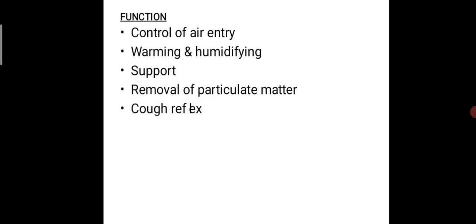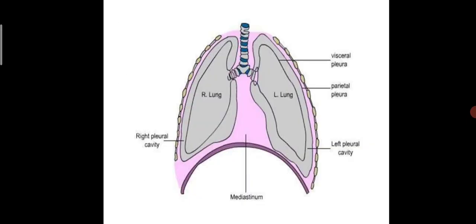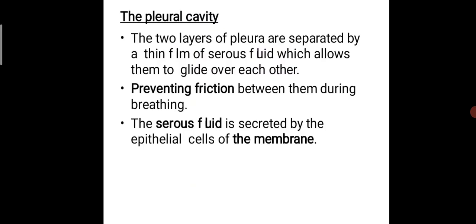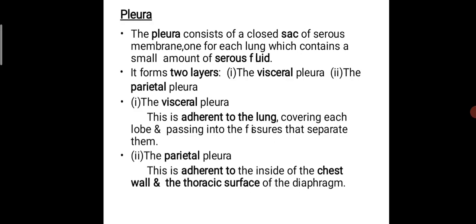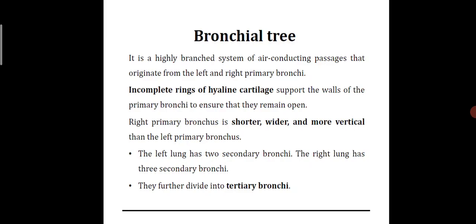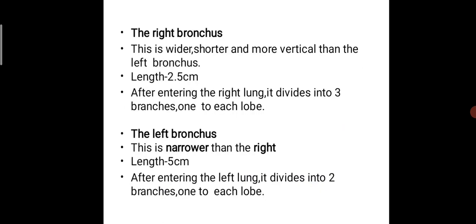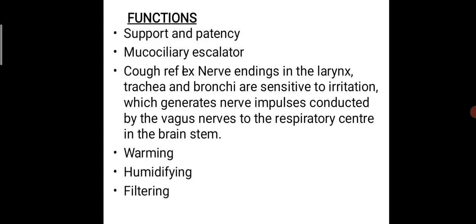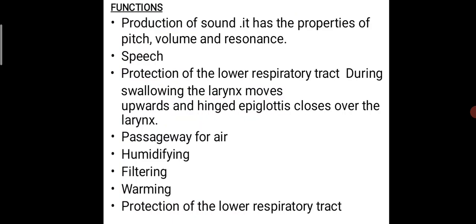Another organ is the diaphragm, over which the lung is situated. Just a minute, I will show the diaphragm. The function of the diaphragm is that it causes the contraction and relaxation of the lungs through the intercostal muscles.